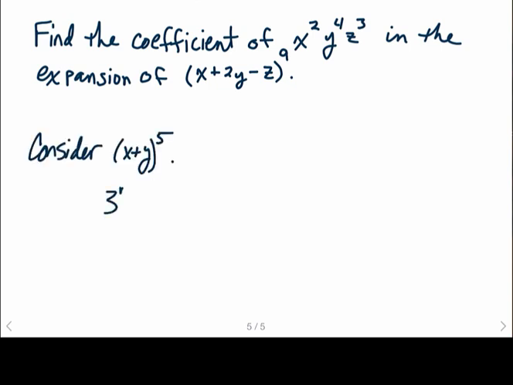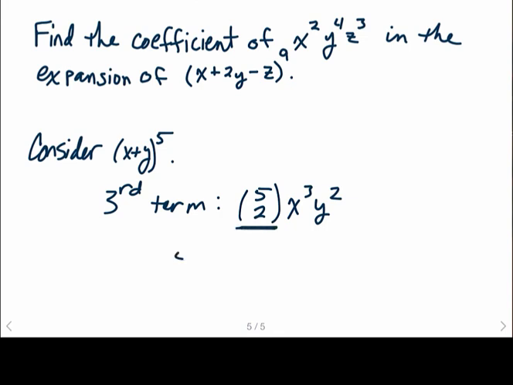You may remember that the third term, or if you don't remember, it's in your notes, is 5 choose 2 x cubed y squared. Now let's consider this 5 choose 2.